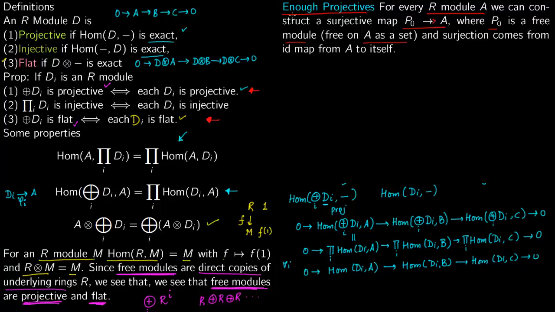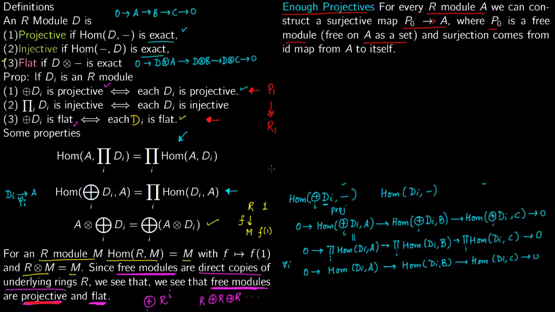Enough projectives means that for every R module you can find something P0 here, which is a free module. And since free modules are projective, we are going to use this condition later for some free resolutions. We will always say, okay, pick up any R module. So you say, I pick up R1, and I will give you a surjective map from a projective module P1.